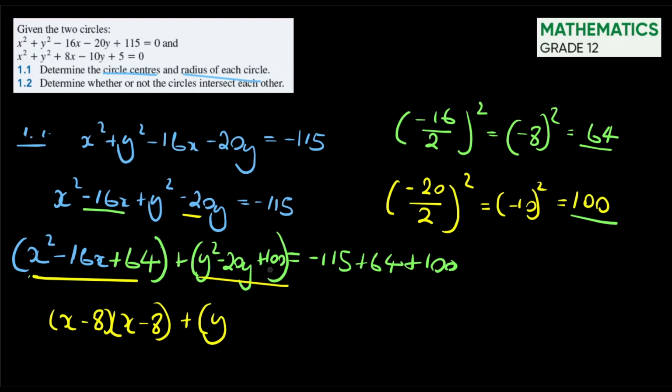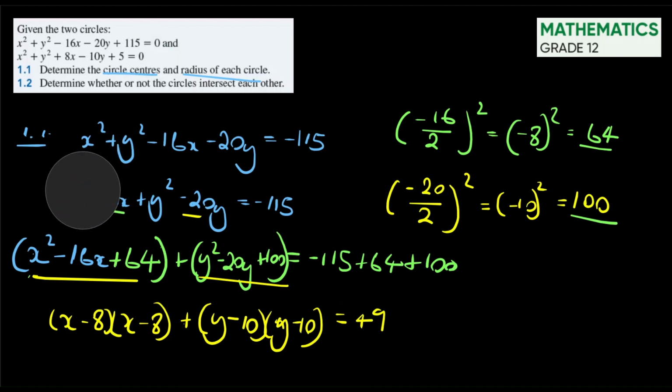Same thing here, square root of 100 is 10, but here we have negative 20, so it will be negative 10 and negative 10, because when you multiply them, they give you positive 100. And then on the right hand side, we have negative 115 plus 64 plus 100, and we have 49.